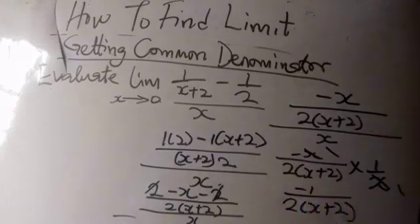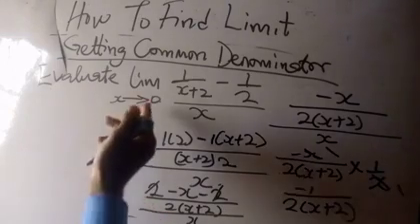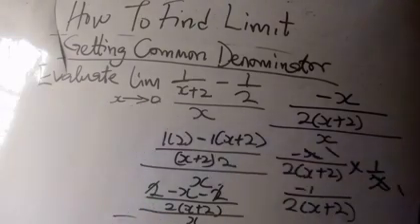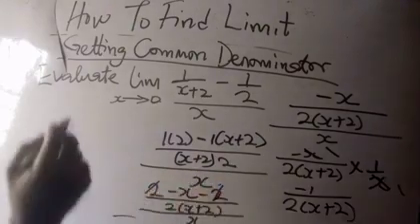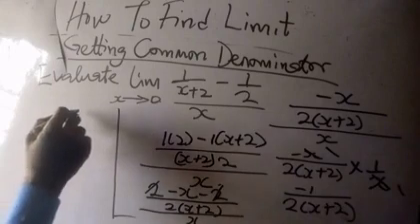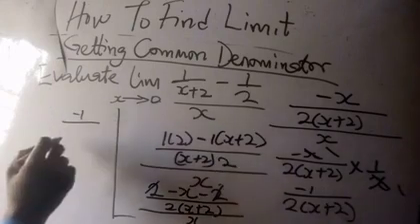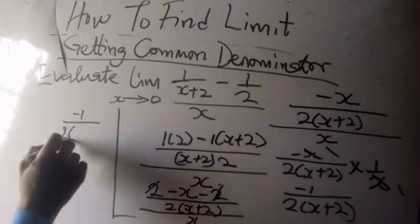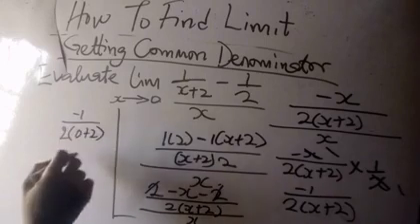Okay. So if we now slot in x being the value of 0, we have minus 1 divided by 2 into 0 plus 2.